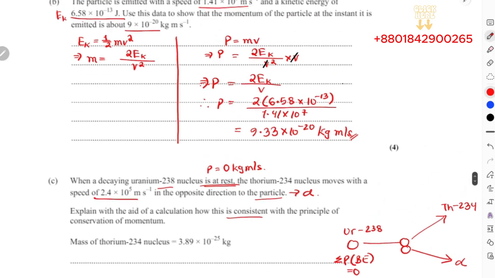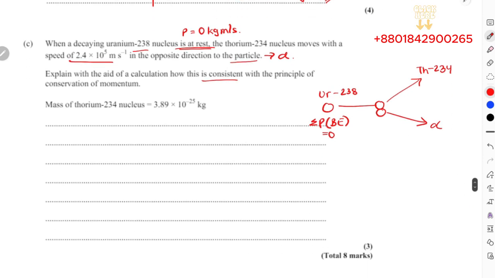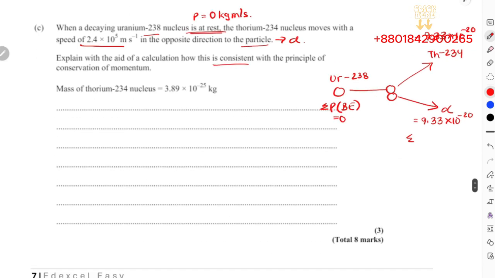So let's start. I already know that momentum for the alpha particle was 9.33 into 10 to the power of negative 20. Now, if this one turns out to be negative 9.33 into 10 to the power of negative 20, then obviously it restores the concept and theory that total momentum after explosion would also be zero, right?